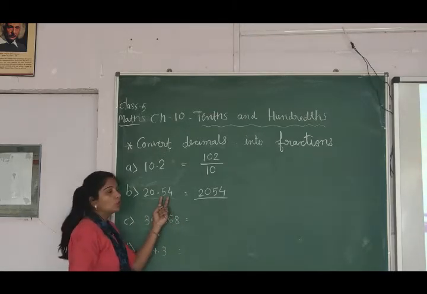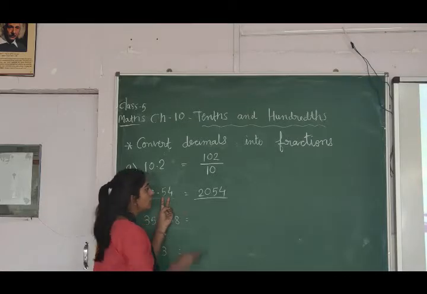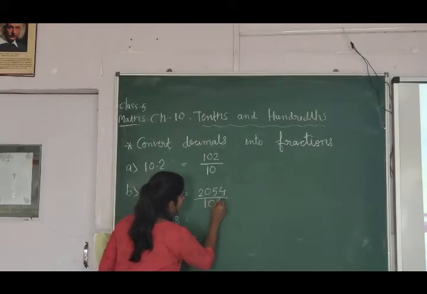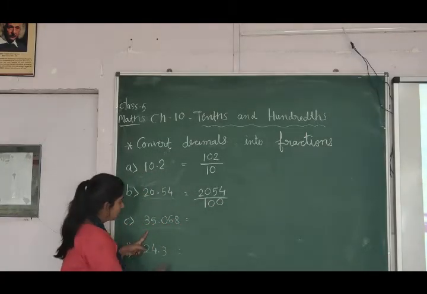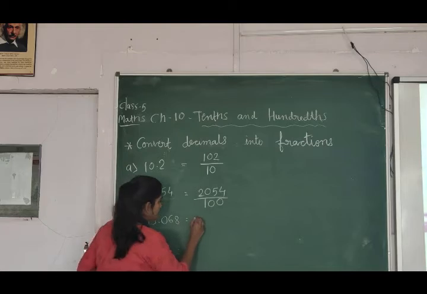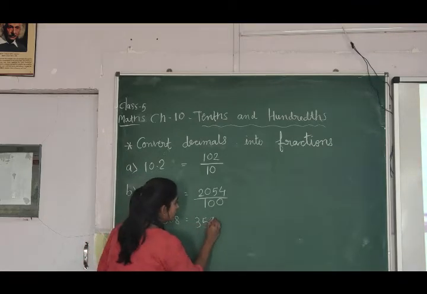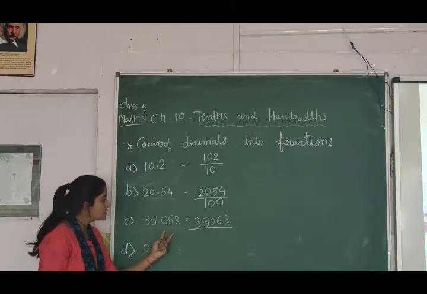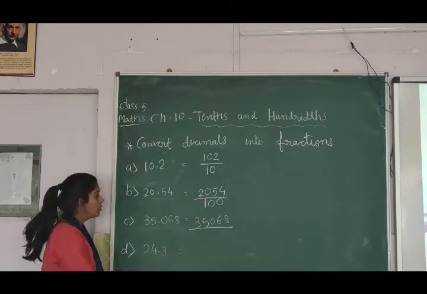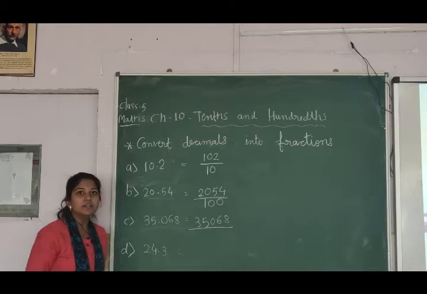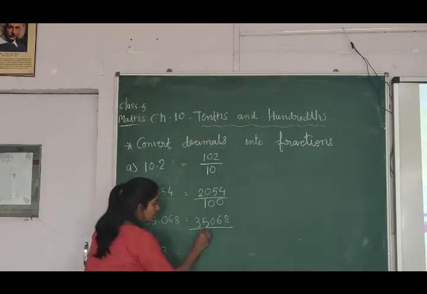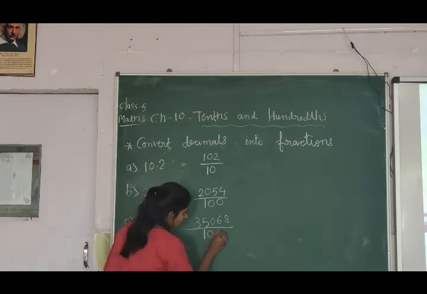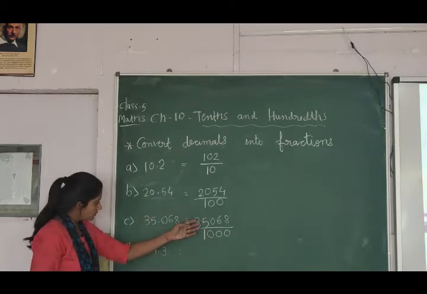There are 2 digits after the decimal, so there should be 2 zeros followed by 1, so 1 and double 0. Now again remove the decimal point: 3, 5, 0, 6, 8, and for the denominator look at the digits after the decimal point. 1, 2 and 3, there are 3 digits after the decimal point, so you write 1 followed by 3 zeros, so 1000 upon this particular number.